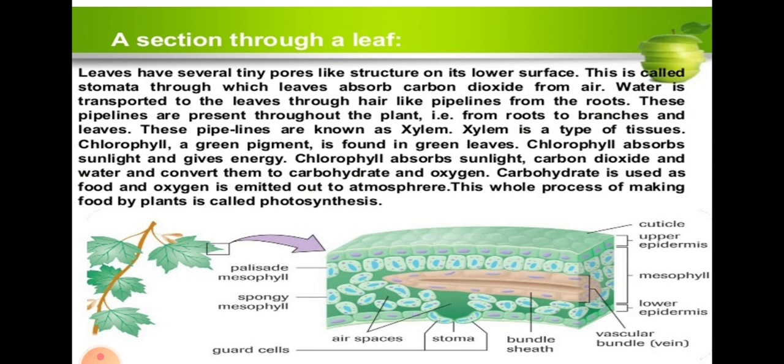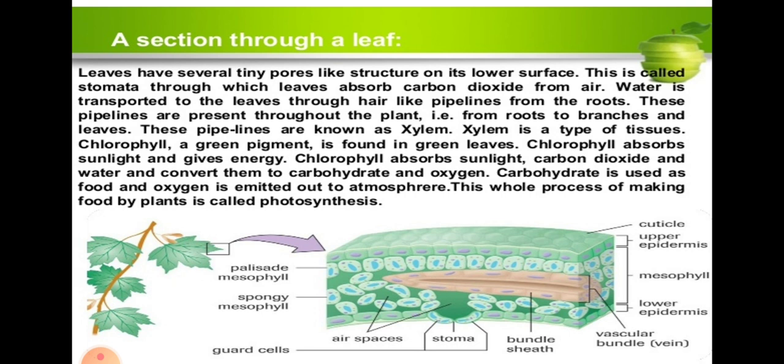Chlorophyll, a green pigment, is found in green leaves, and chlorophyll absorbs sunlight and gives energy. Chlorophyll absorbs sunlight, carbon dioxide, and water, then converts them into carbohydrate and oxygen. Carbohydrate is used as food, and oxygen is emitted to the atmosphere.